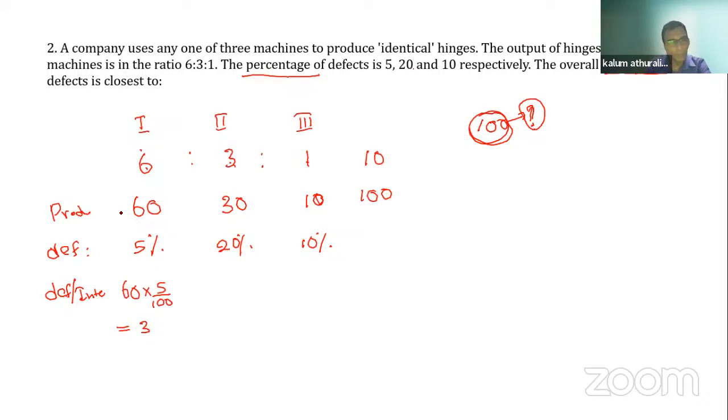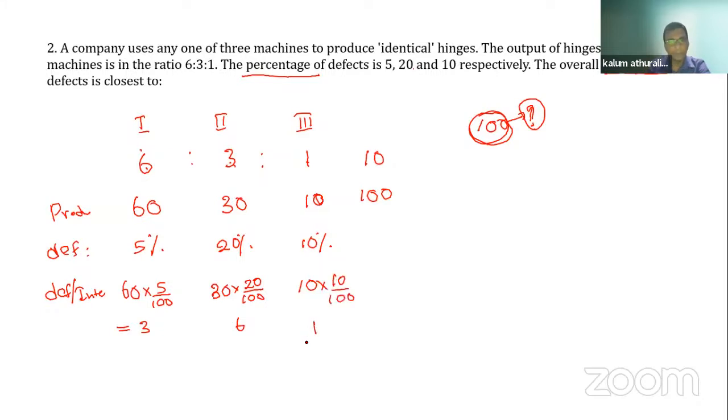For the first machine, 5% of 60, which is 3 defective items. The second machine's total production is 30, and 20% of that is defective: 30 into 20 over 100 is 6. When the total production is 30, 6 are defective. For the third, 10% of 10: 10 times 10 over 100 is 1.